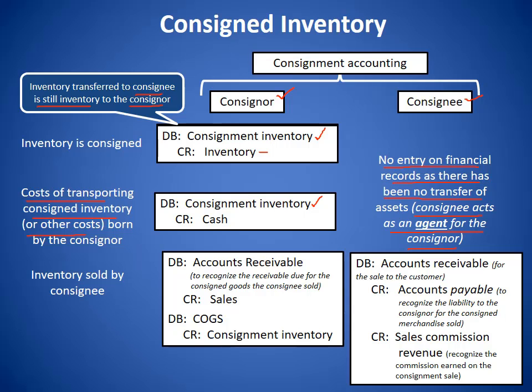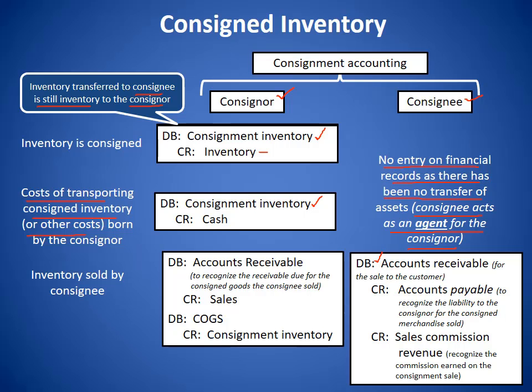selling the merchandise. Now we have inventory that is sold by the consignee. So in this case, we record a sale on the consignee side, and we debit accounts receivable, could be cash or some other form of receivable, for the sale of the consigned inventory to the customer.